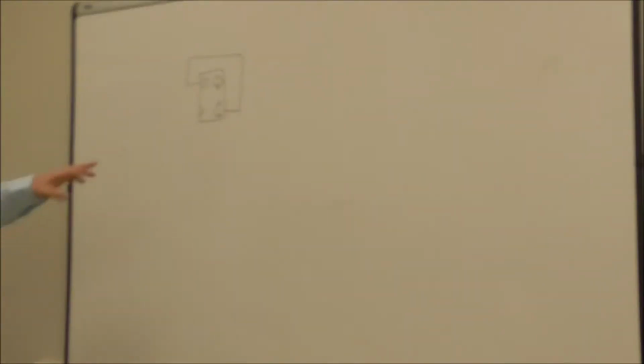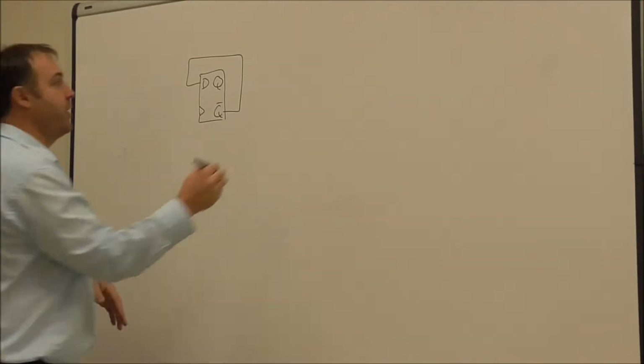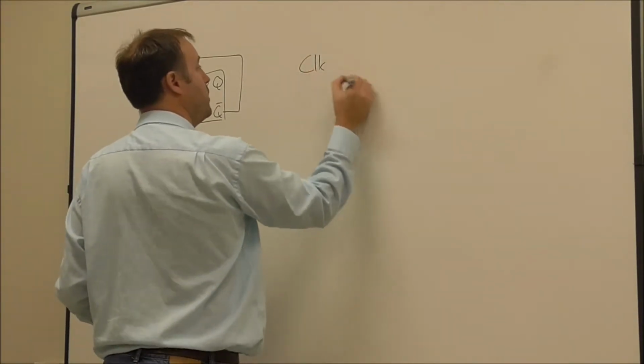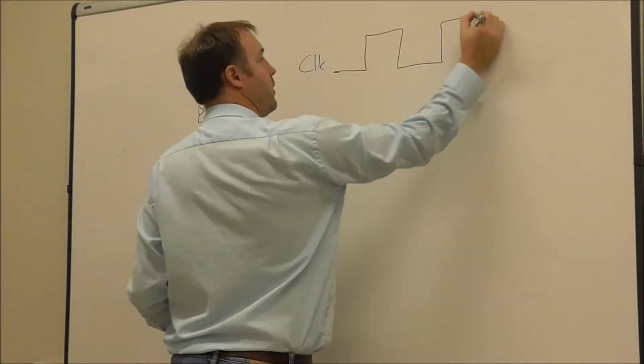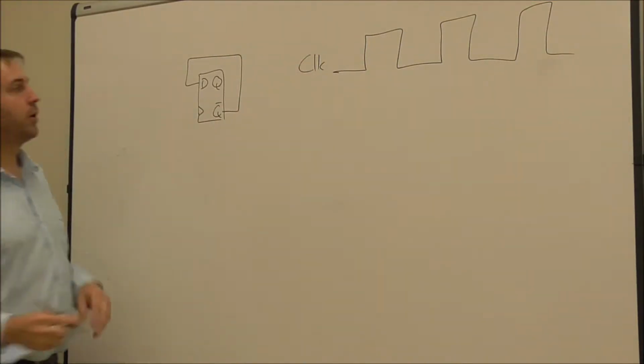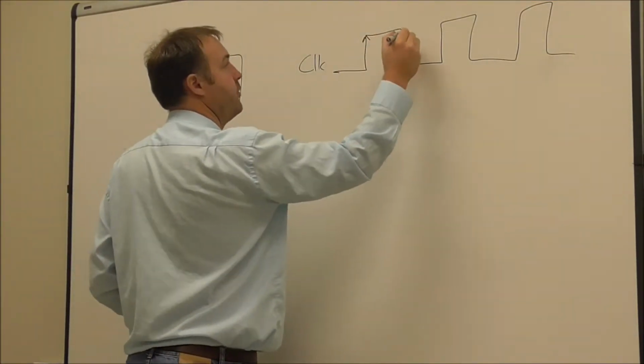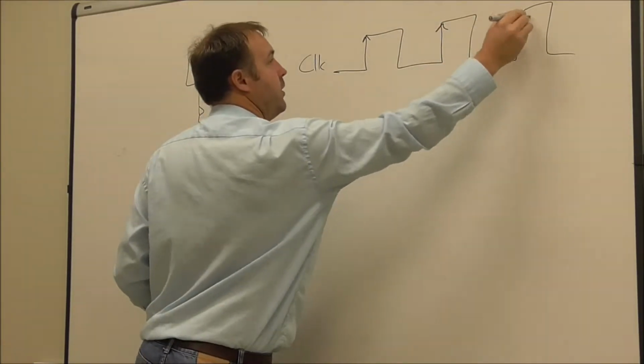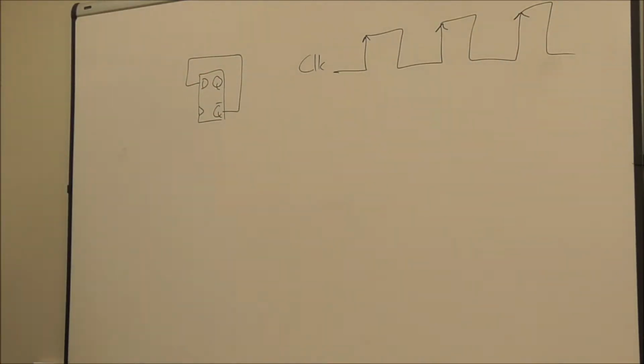What toggle mode means is that whenever my clock pin, in this case, sees a rising edge, so I'll indicate those with a little arrow here, it causes the outputs to change.